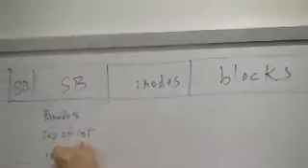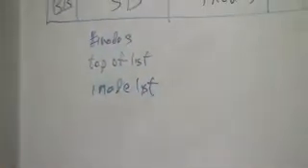It could have other things. So something like this: the number of inodes, where the top of the list is, and then the inode list. And there may be other things as well. But conceptually, it's a way of figuring out what inodes are available.